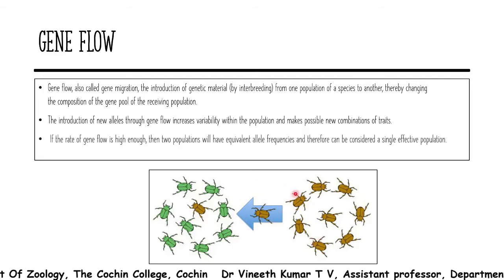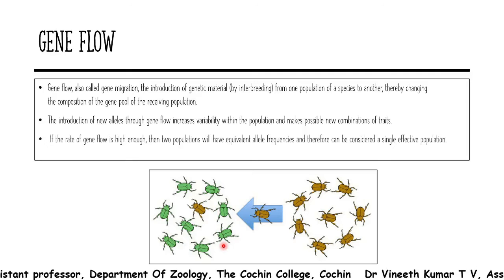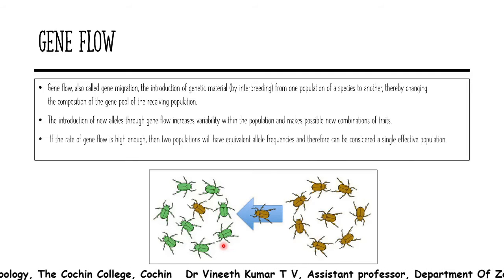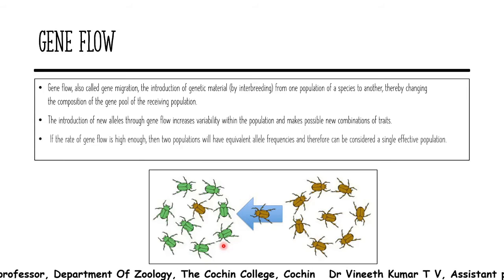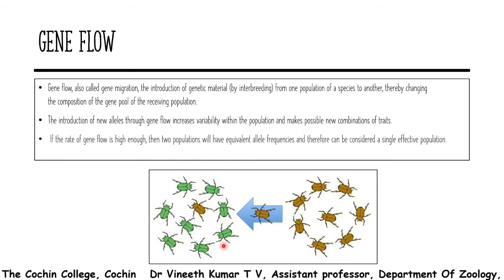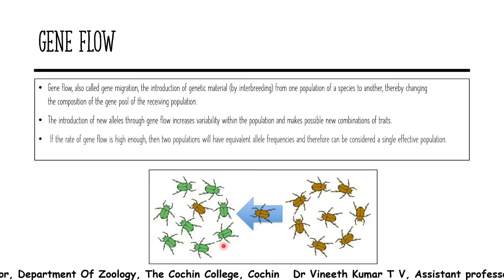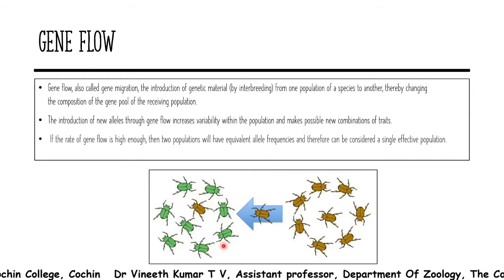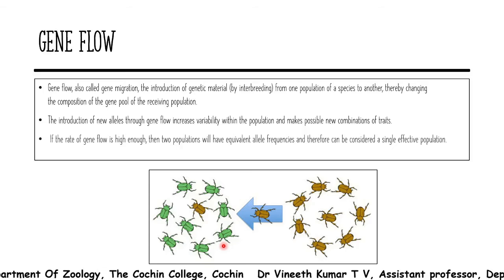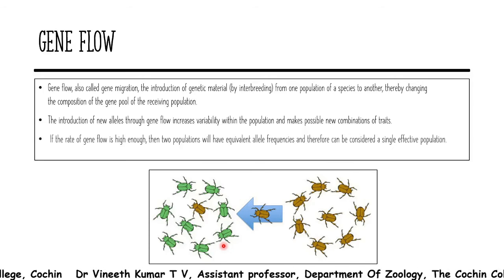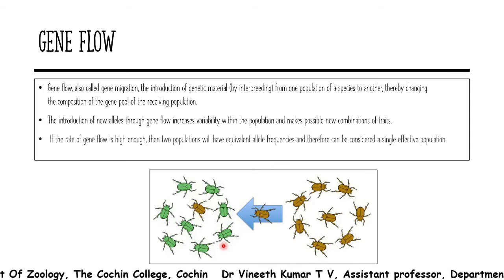You will find that the number of green and brown on the right side will be almost similar to the number of green and brown on the left side, so both sides will have the same gene frequencies. If you take the gene frequencies of both sides, you can find that they have almost the same gene frequency, and this happens because of migration, and due to migration there will be gene flow.